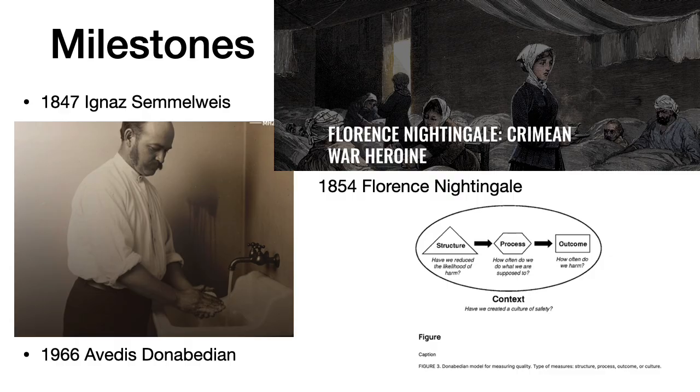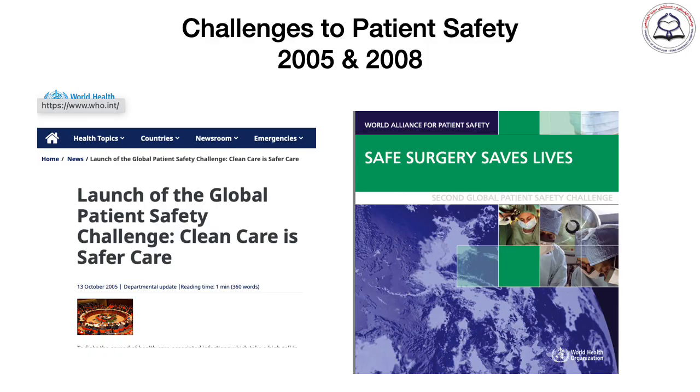In 1966, Avedis Donabedian introduced a basic quality measurement tool focused on structure, process, and outcome. The major eye-opener was introduced by the Harvard Medical Practice Study in 1991. The study revealed a significant preventable harm rate in hospitalized patients, bringing attention to patient safety as a systemic issue.